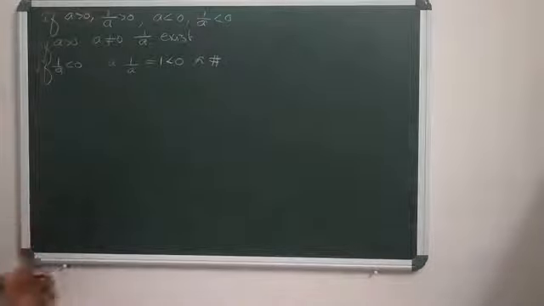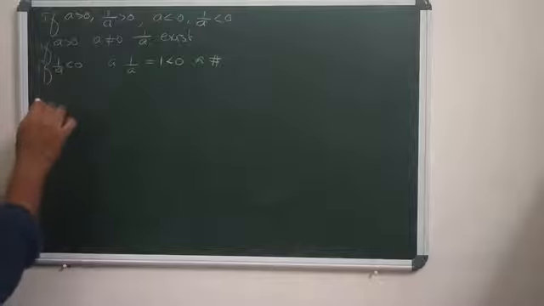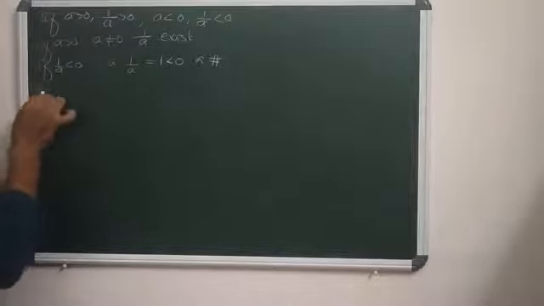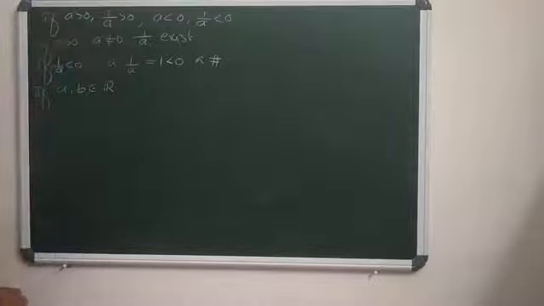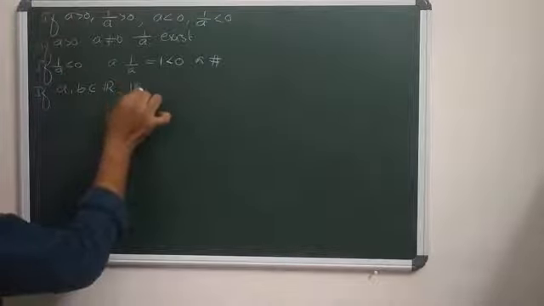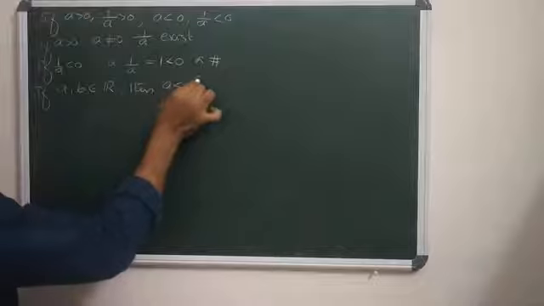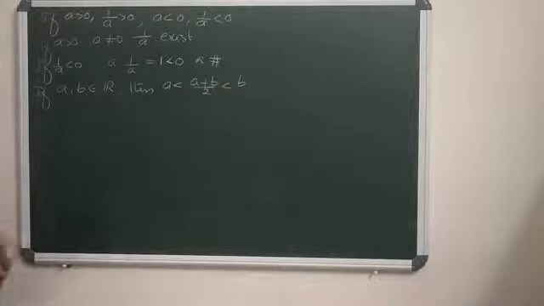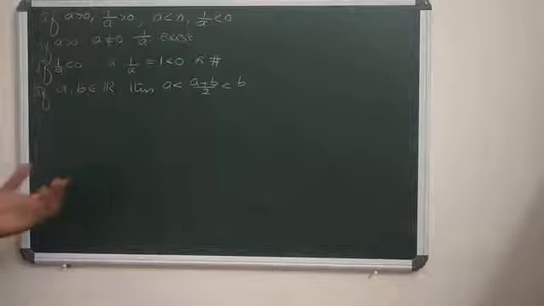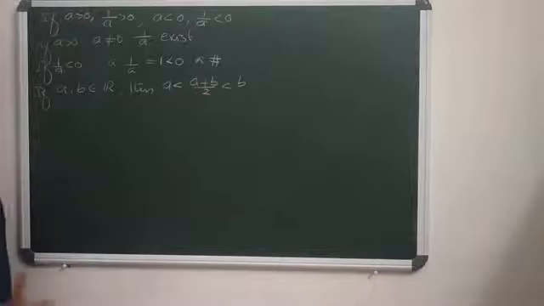Okay. Now consider another result. If a and b are any two real numbers, then a less than (a plus b) by 2 less than b. So this (a plus b) by 2 is known as the arithmetic mean between a and b.